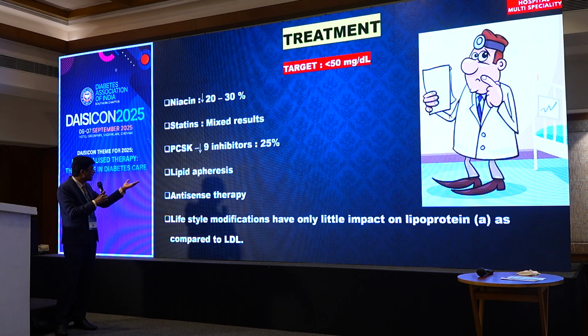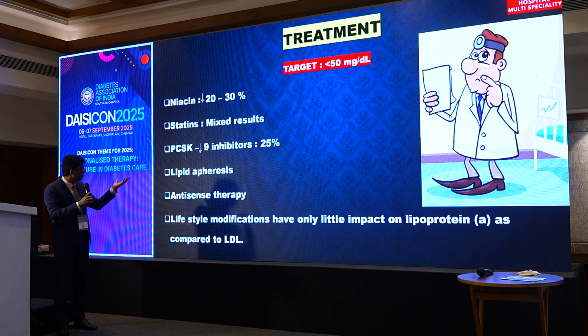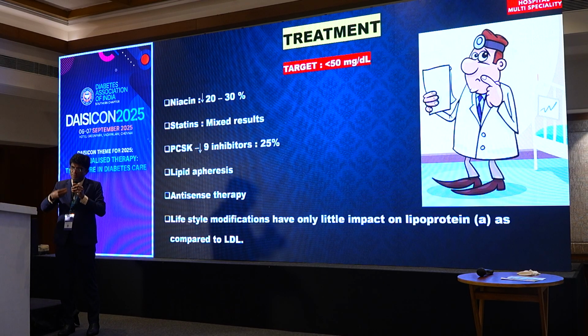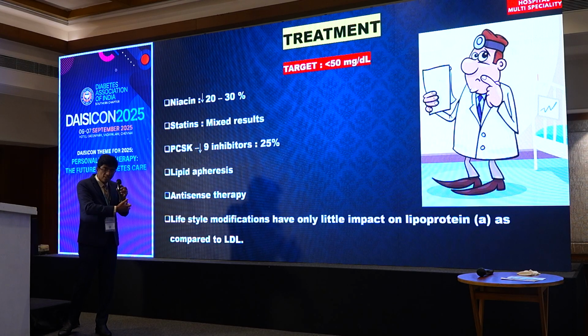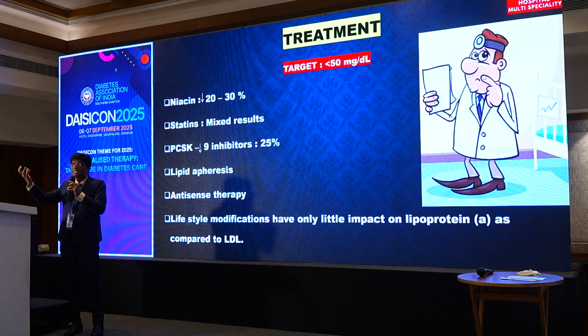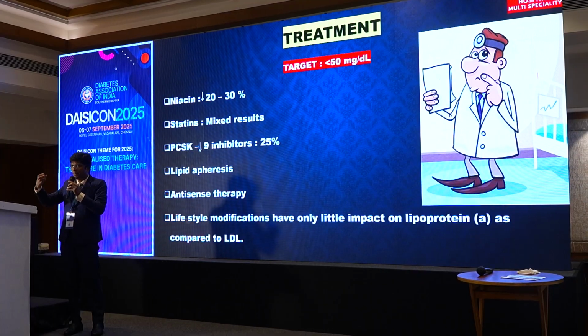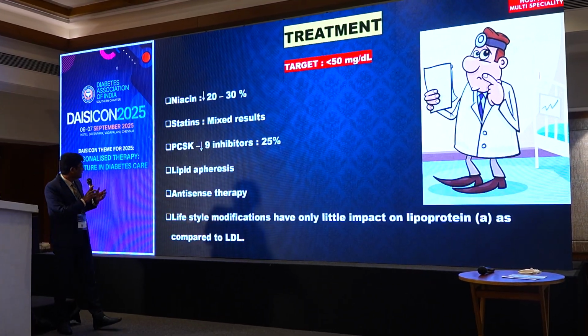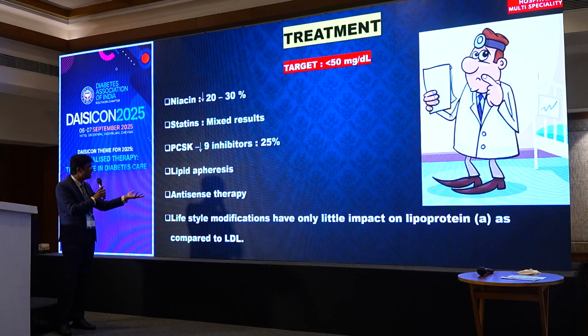Then you have something called lipid apheresis. I have not been exposed to it so far. It is something like dialysis, where the patient's serum, rich in lipoproteins, is sent to the machine. The machine filters out the extra lipids, then the serum is sent back to the patient. Then the very promising one is antisense therapy.